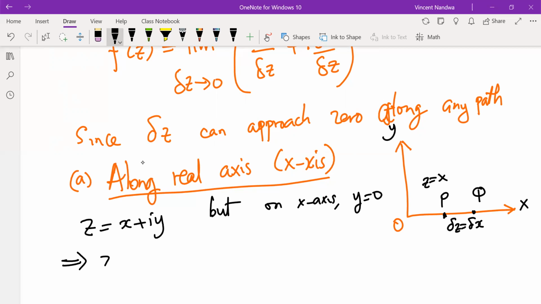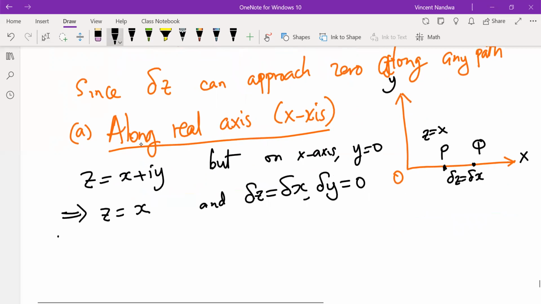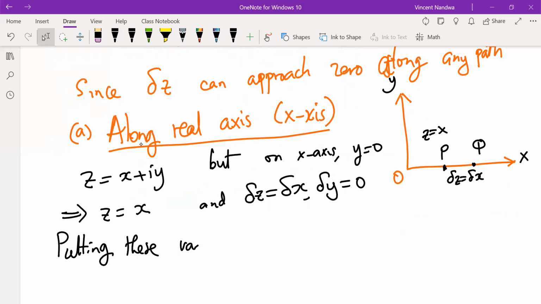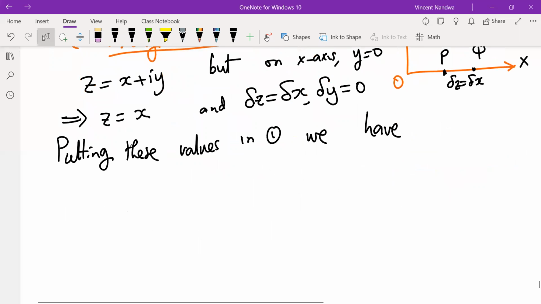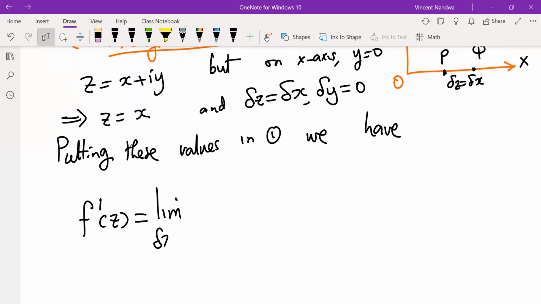So this means that z will be x and delta z will be the same as delta x, and change in y is 0. So putting these values in equation 1, we have f prime of z is the same as the limit as delta z, now delta x, approaches 0.